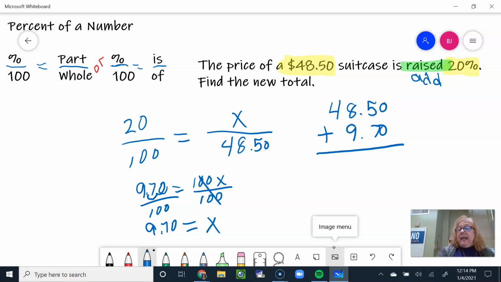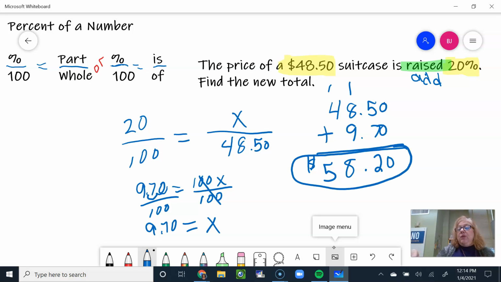If we add that together, we have 0 plus 0 is 0. 5 plus 7 is 12. Put my 2 down, carry my 1. 9, 10, 18, carry my 1. Our answer would be $58.20. This is our total. That's how much the new total would be.